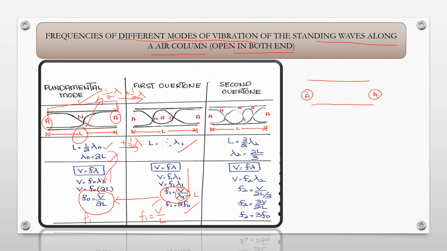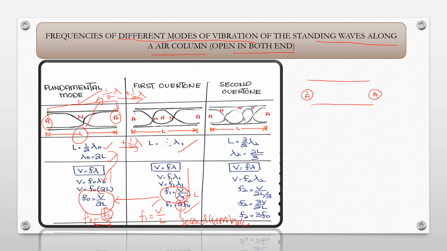So f0 equals f1 divided by 2. So f1 is 2f0. Then that is the first overtone. So this is called the second harmonic, because of the 2 here.